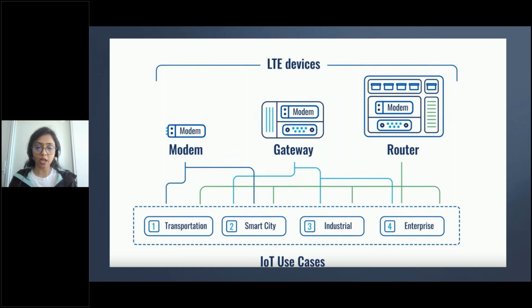So as you can see in the above picture, this is a diagram of how modems, gateways, and routers are different from each other. LTE modems have only one function, and that is they provide internet connectivity to connect a device. It cannot make a connection without the help of software running on a device.